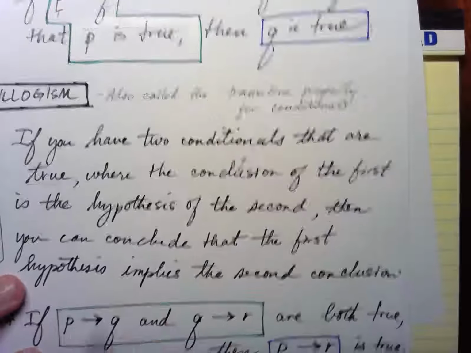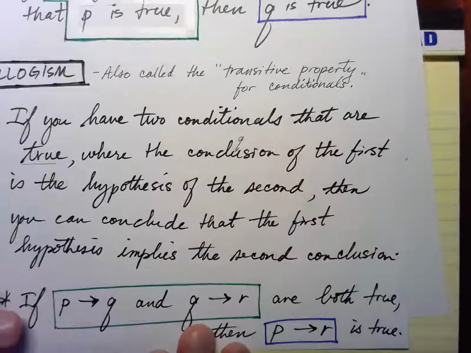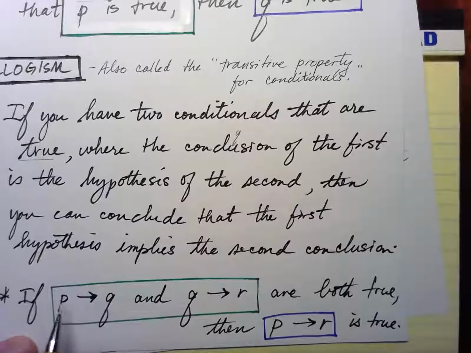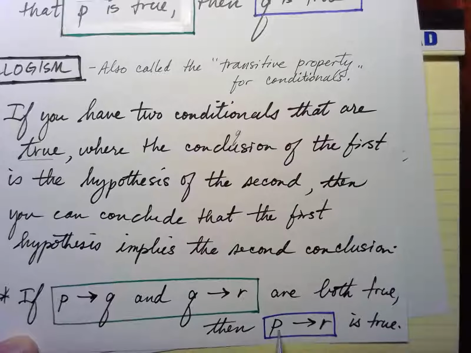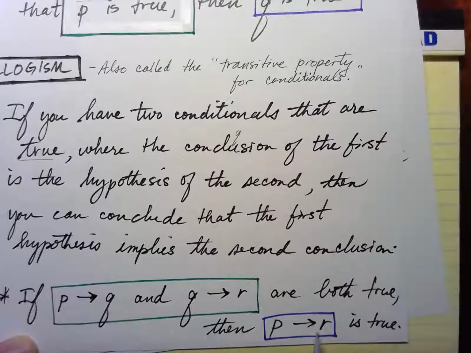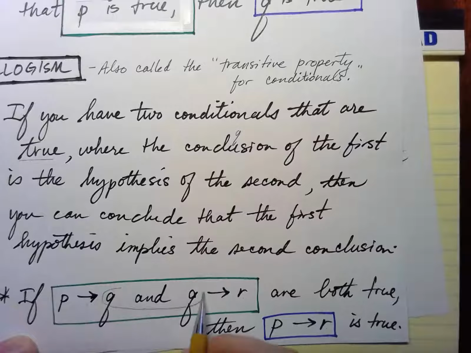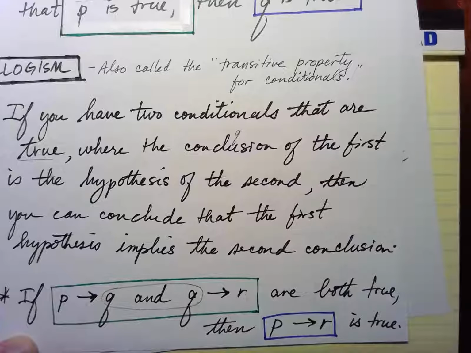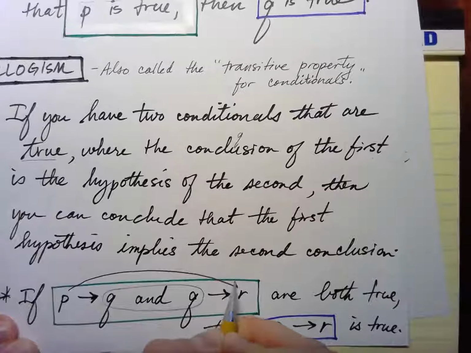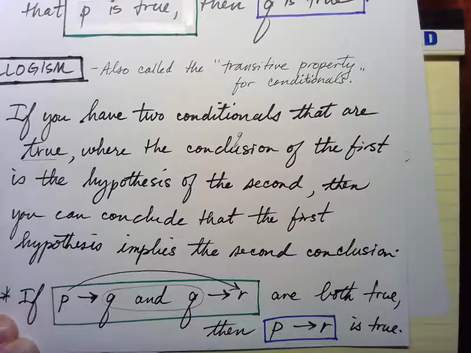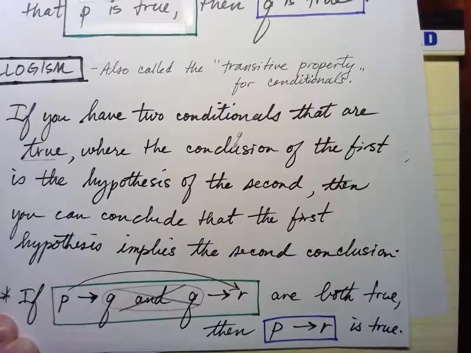So if P then Q, if P implies Q and Q implies R, then P implies R, because again we're doing the same thing. We're overlapping by the Q, and that allows us to jump from P straight to R, because the Q's match up.